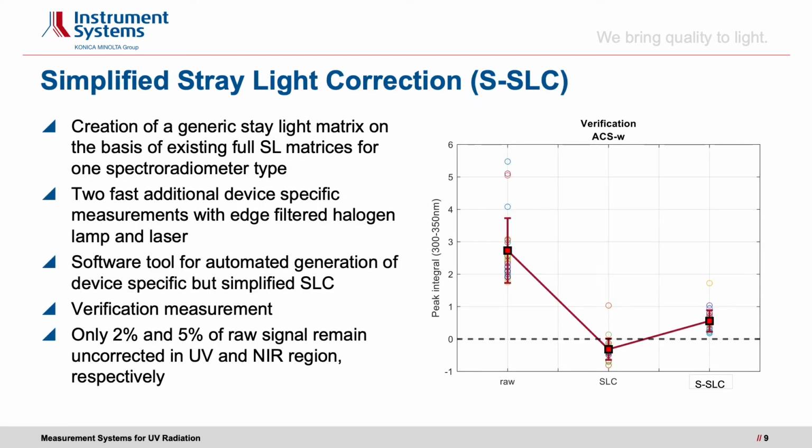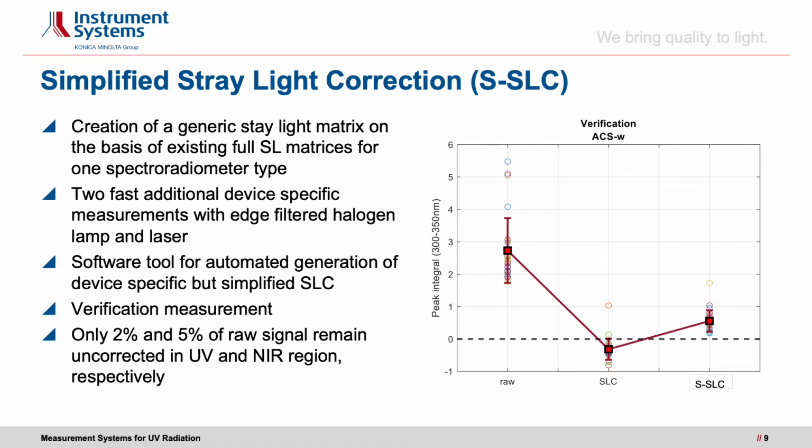This method of stray light correction is technically quite complicated and long-lasting. Therefore, we are working on a method of simplified stray light correction. The basic idea here is to create a generic stray light matrix on the basis of existing full stray light matrices for one spectroradiometer type.